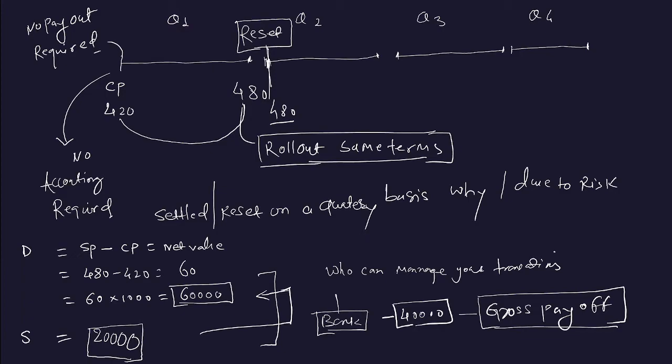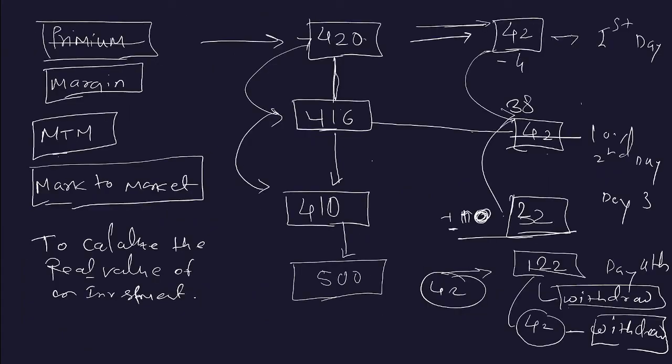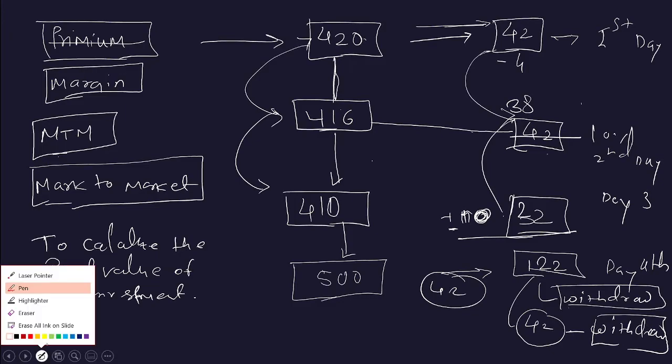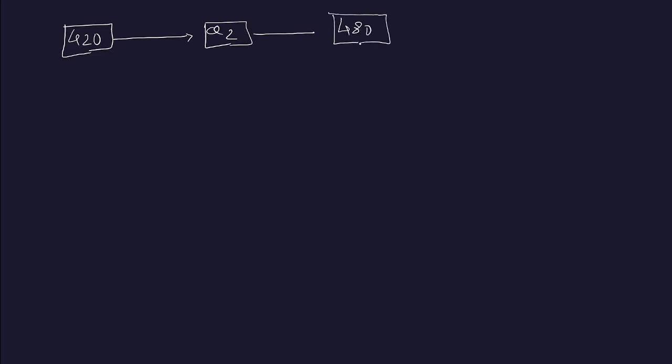I'll take you to the next screen and we can calculate. In the first quarter, price was 420, correct? Yes, sir. But in quarter 2, the price is 480. So you can set up or reset the contract for 480.